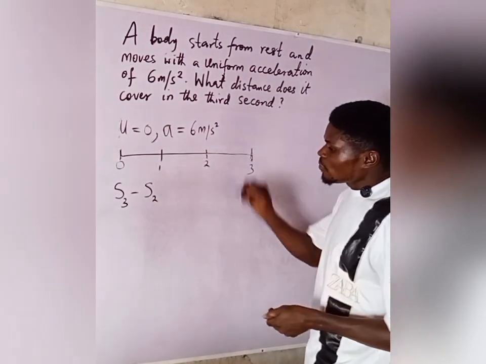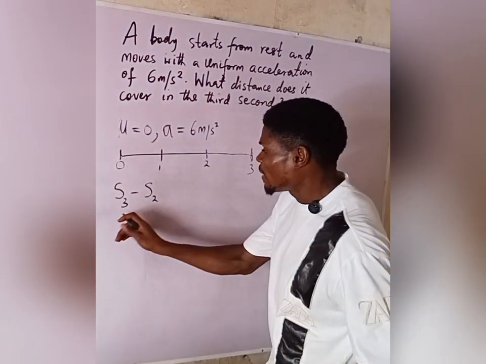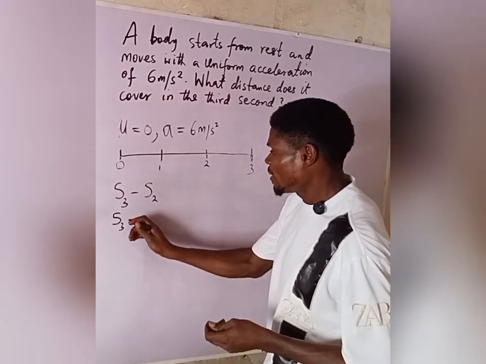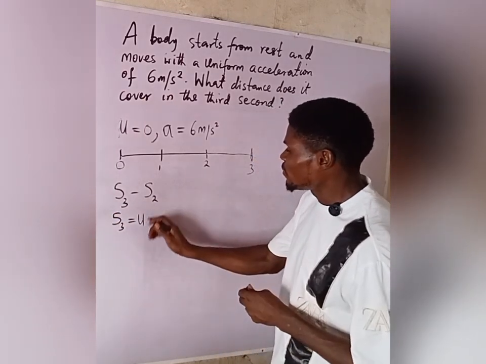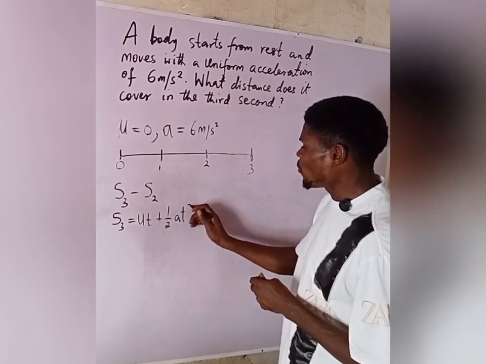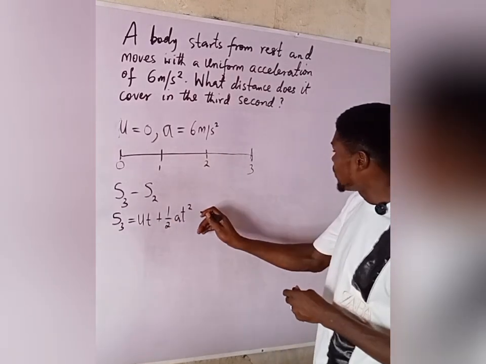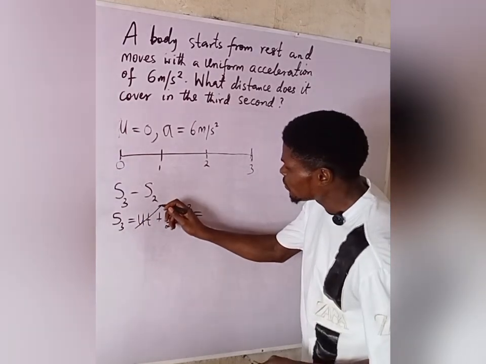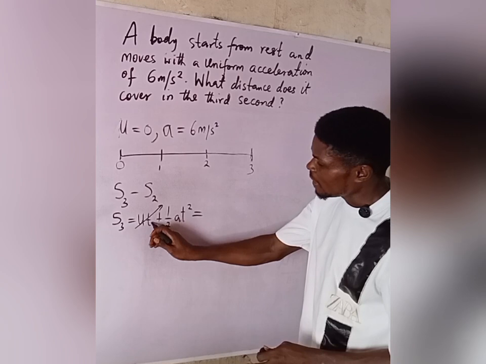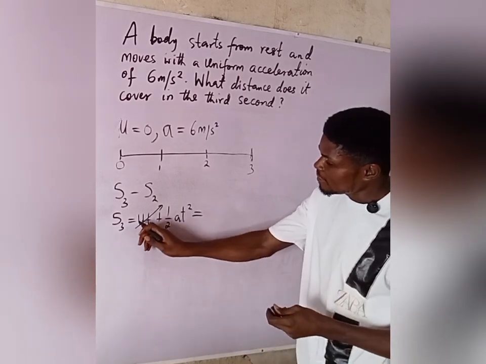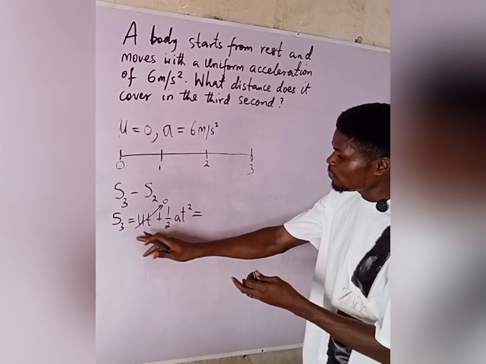Coming down here, let's find S3 first. S3 is equal to ut plus half at squared. Let's substitute the value. u, of course, is equal to 0. So everything here will multiply, like 0 times the time. The time here is 3. 0 times 3 gives you 0. So everything boils down to 0.